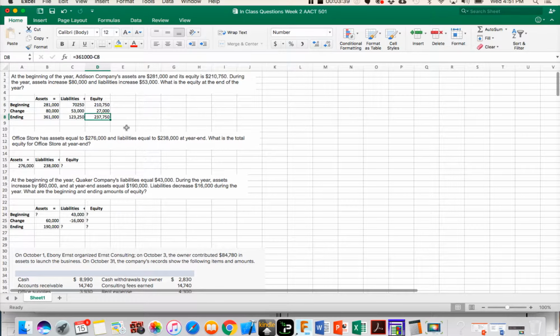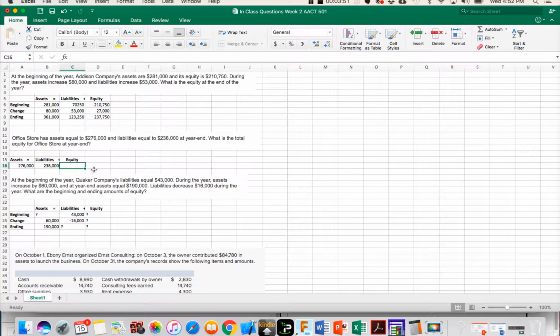Similar to playing Sudoku or doing similar types of puzzles. I know that doesn't exactly test your knowledge of accounting, but it is what it is. Same deal here, equals assets minus liabilities.